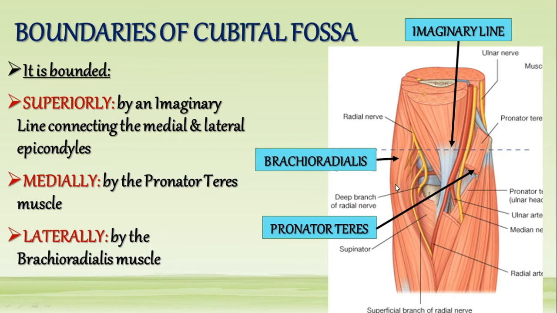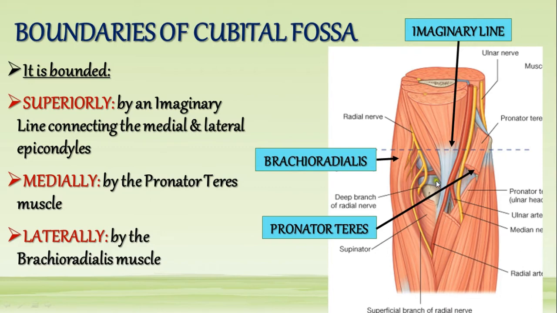The lateral wall of the cubital fossa is formed by another muscle which is called the brachioradialis muscle. The brachioradialis muscle and the pronator teres muscle are muscles of the anterior compartment of the forearm.